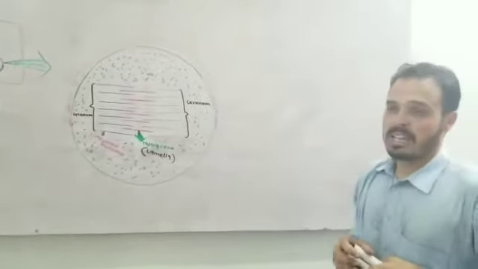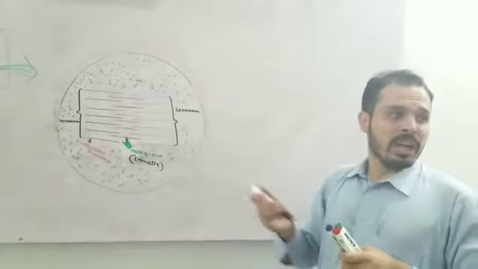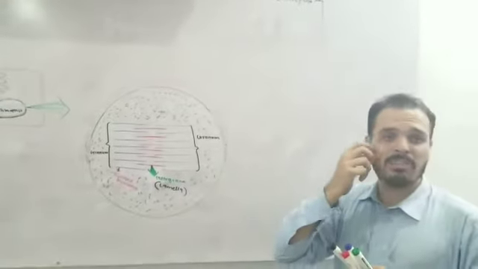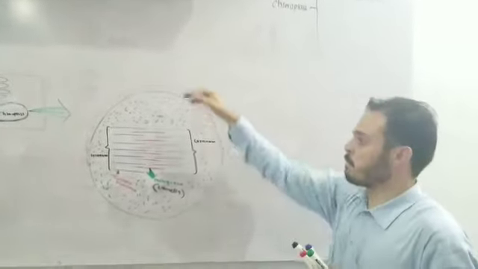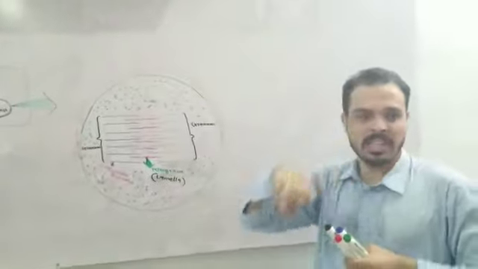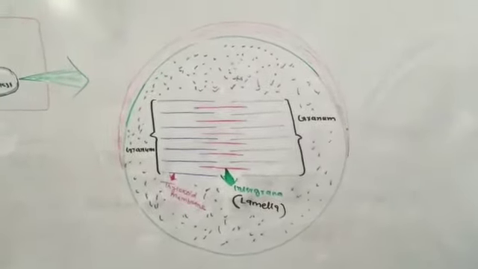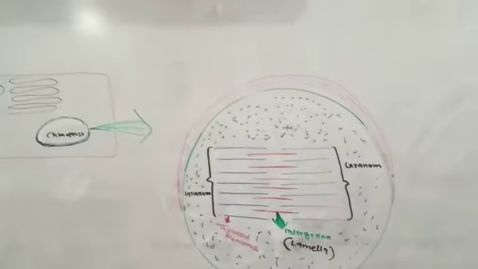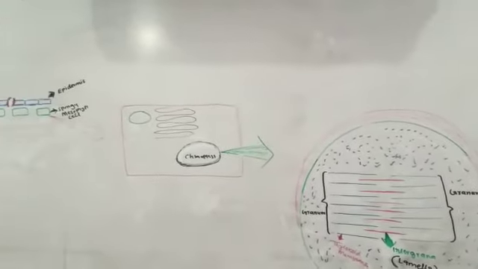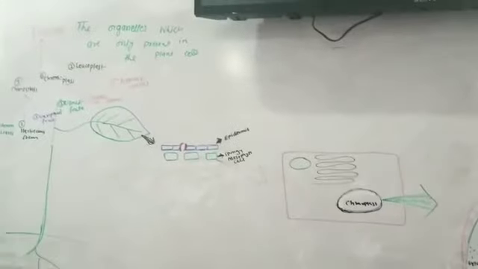Clear? All enzymes responsible for the dark reaction are present inside the stroma, and the most important enzyme is Rubisco enzyme.